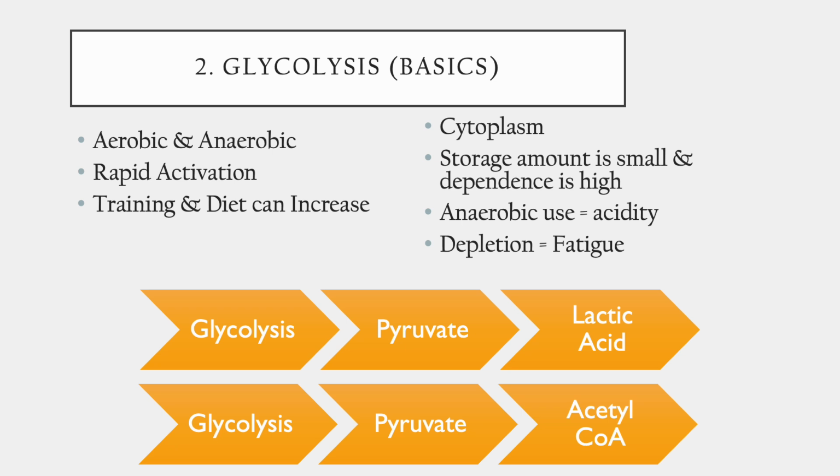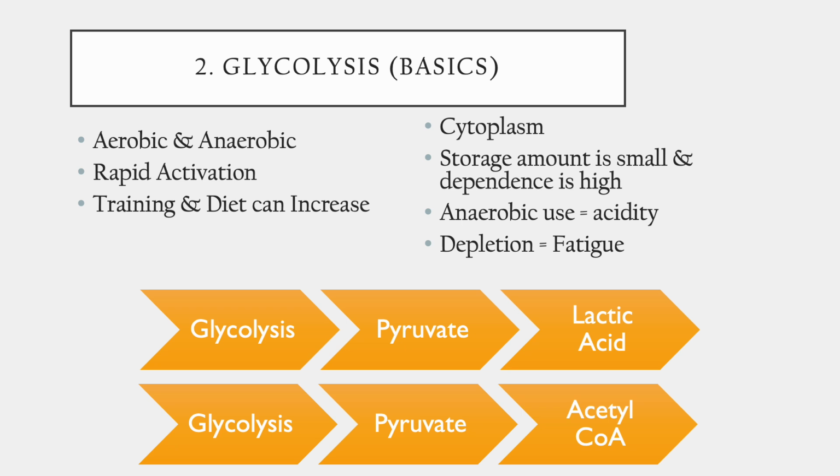Pyruvate, the end product of glycolysis, can be used in either anaerobic respiration, if no oxygen is available, or in the aerobic pathway, which yields more usable energy for the cell itself. As you can see, we have pyruvate as the intermediate step for both pathways.